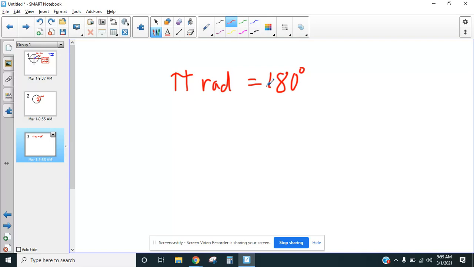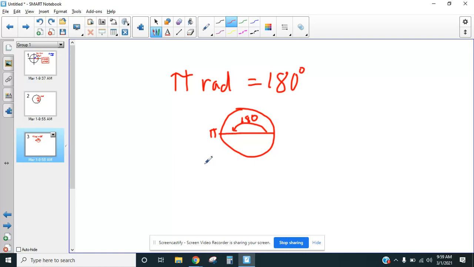That many radians is equal to 180 degrees. What that means is if I drew a circle and there's this angle from there to there, that's 180. That means this location is pi. A 180 degree rotation is equal to pi radians.